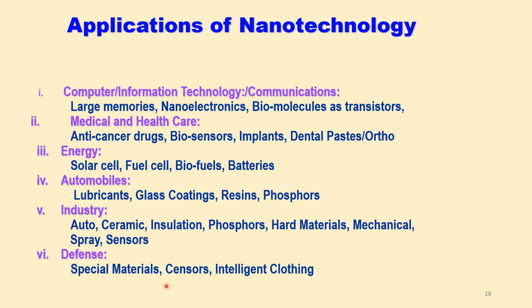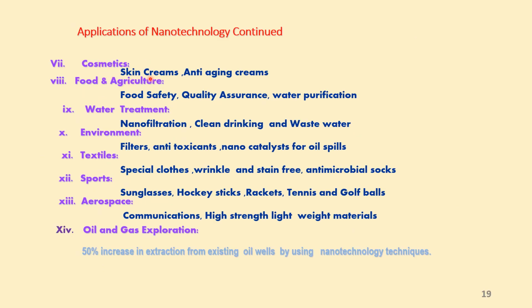In defense, some specific materials use the nanomaterials. They are used in sensors and also in intelligent clothing, meaning the color of the cloth can change depending on the environment. In cosmetics, it is used in skin creams, anti-aging creams, and in talcum powders. So nanoparticles are there.